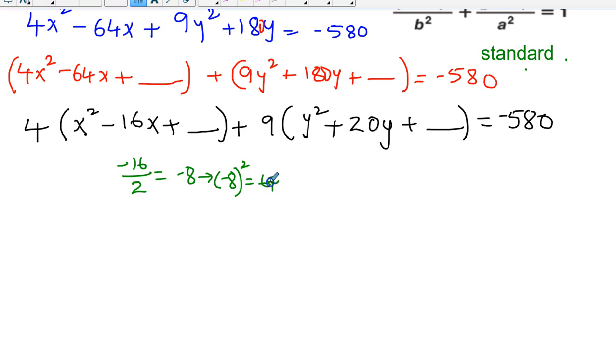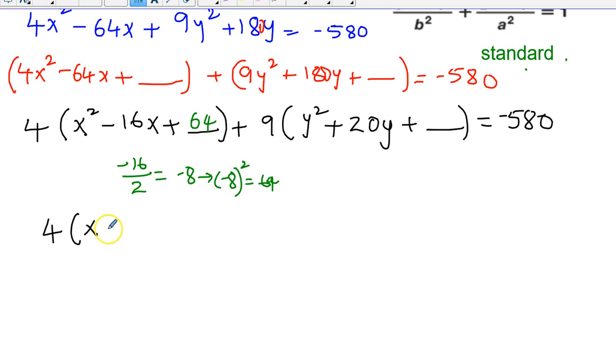Negative 8 times negative 8 is 64. So you added 64 to this x square minus 16x so that it becomes a perfect square. Alright, I'll write it off right away so that you'll understand it better.